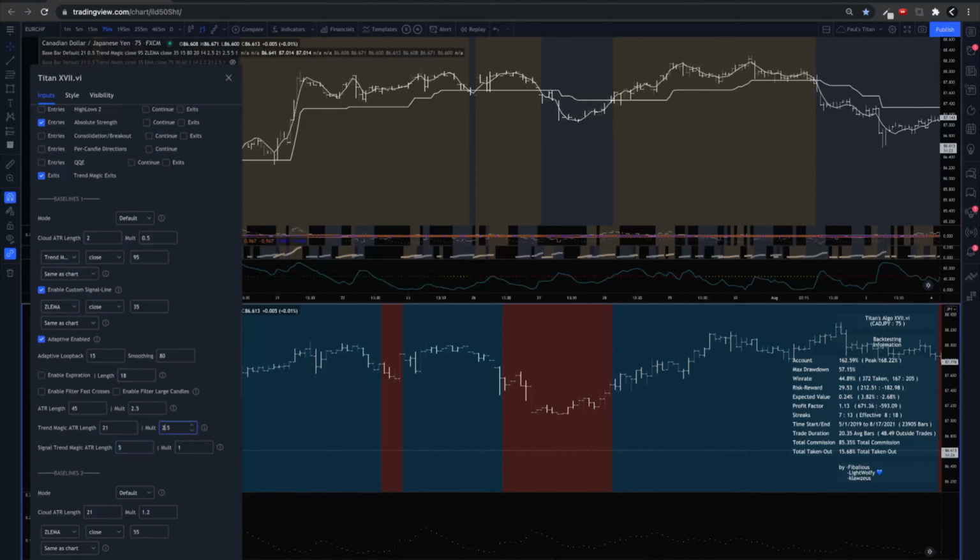Well, that didn't work. 2.5. Now we should see this bearish area actually match, and we might even see better. No, that actually goes down.